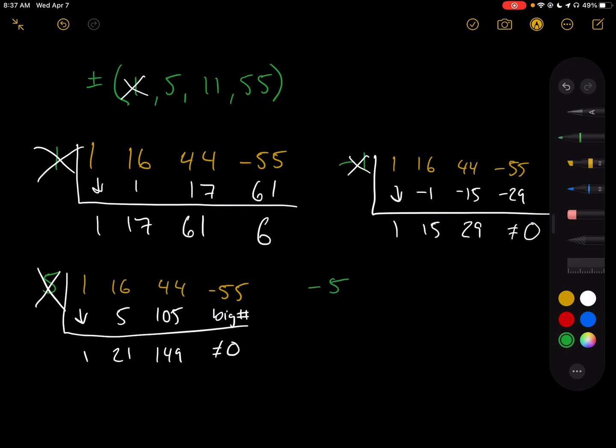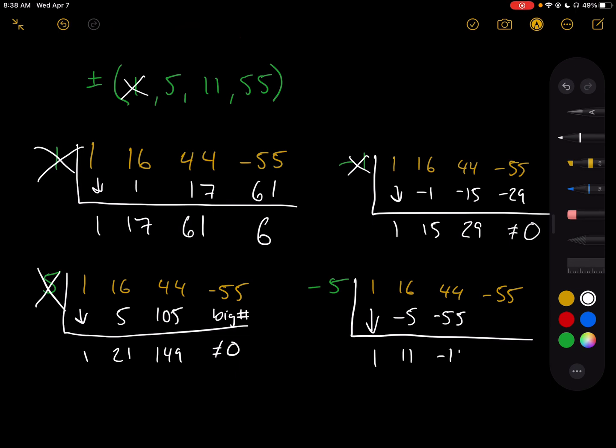Hopefully -5 will work. 1, 16, 44, 55. All right. -5 times 11 is going to be -55. We add those together, -11, and -5 times -11 will be 55, and -55 plus 55 will be 0.